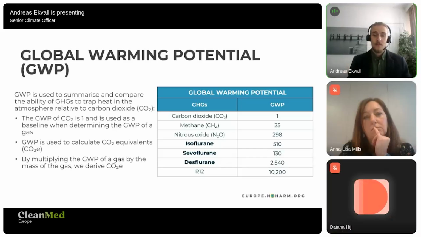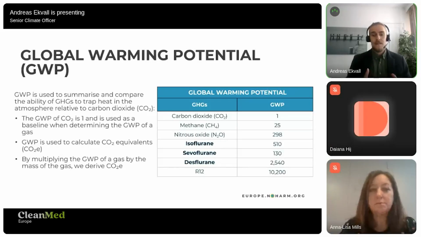Global warming potential is used to calculate carbon dioxide equivalents, which is a metric used to compare and summarize the impact of gases. The benefit is that instead of dealing with individual gases and their unique properties, carbon dioxide equivalents allow us to express their total warming potential in terms of how much carbon dioxide will have the same impact.